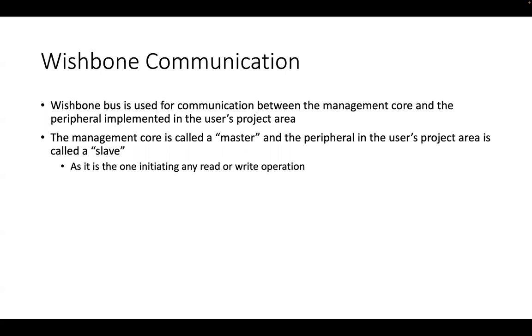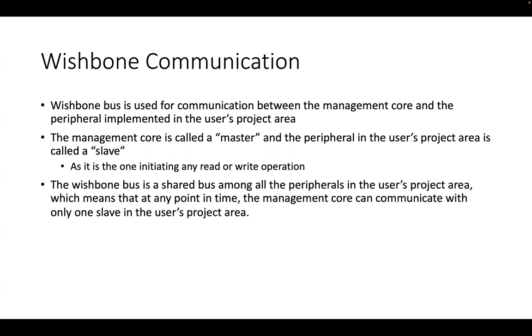And why is that? It's because the management core will be the one initiating any read or write operations. You should also note that the wishbone bus is a shared bus among all peripherals in the user's project area, which means that at any point of time, the management core can only communicate with one slave or one peripheral in the user's project area.